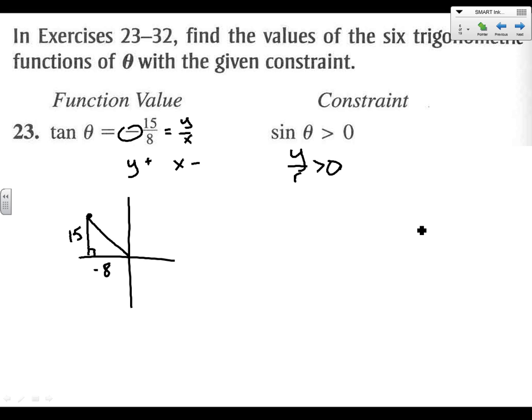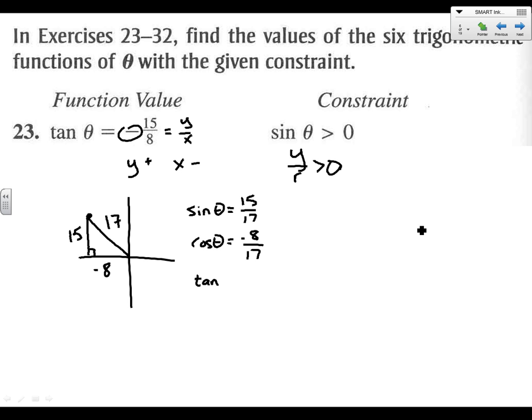These numbers should look familiar. We did it recently in the recent problem. We're going to get r is 17 from the Pythagorean theorem. And so it wants all 6 of them. So let's knock them out. Sine is going to be 15 over 17. Cosine, negative 8 over 17.